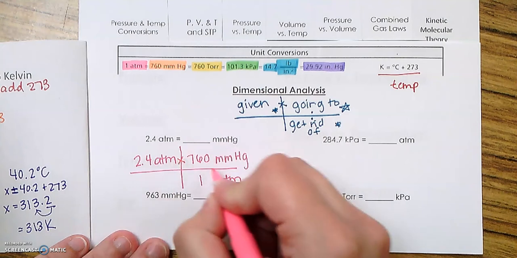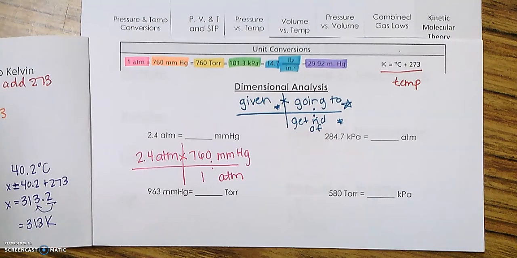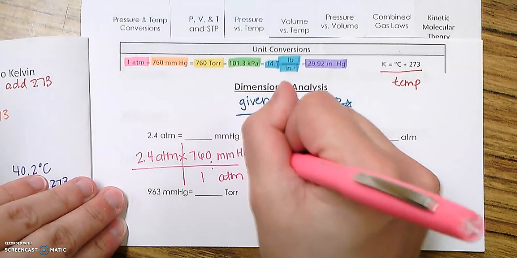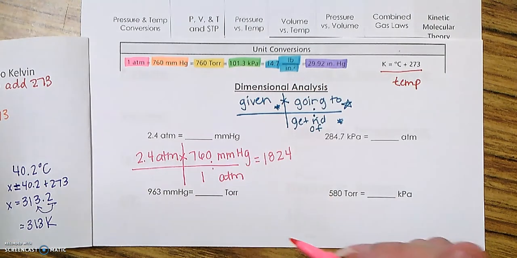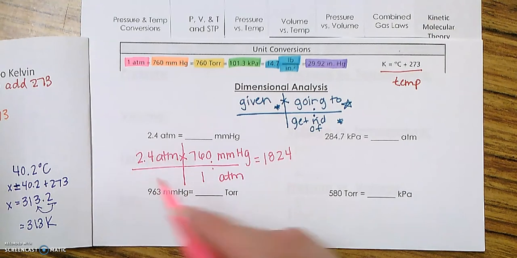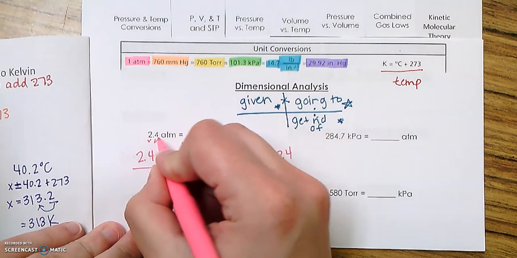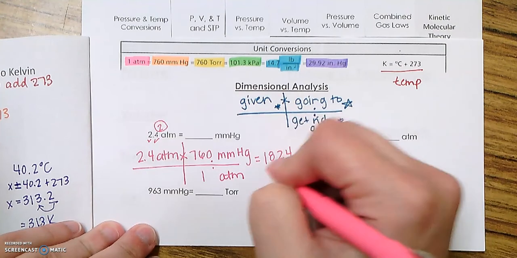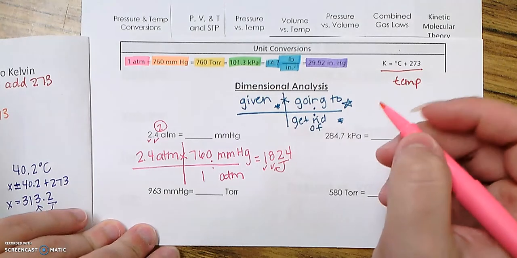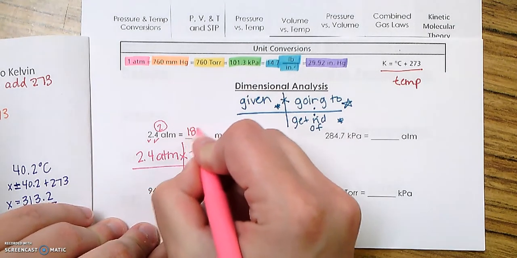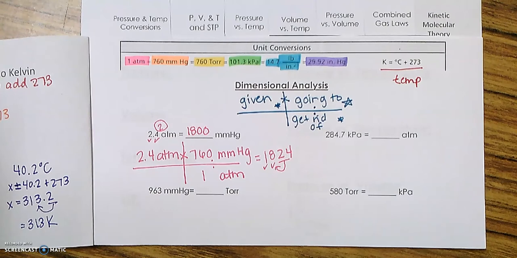I'm going to multiply across, divide down. Let's see what we get. For our conversion factors, we're not including those in our sig figs, so I need to just look at this first number. I have 2 sig figs, so I need 2 in my answer. What does that 2 do to that 8? Nothing. So we have 1,800 millimeters of mercury.